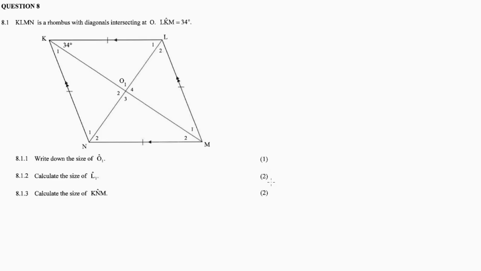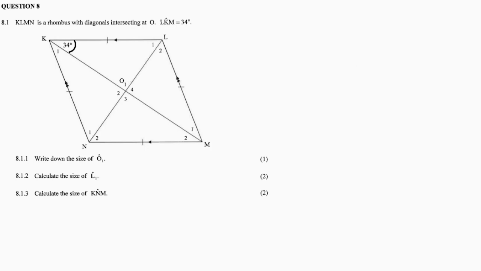Now 8.1 says KLMN is a rhombus with diagonals intersecting at O, and gives angle LKM which is equal to 34 degrees. LKM is this angle, right? And then 8.1.1: write down the size of angle O1.